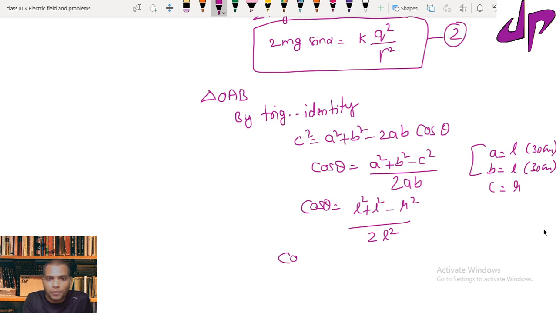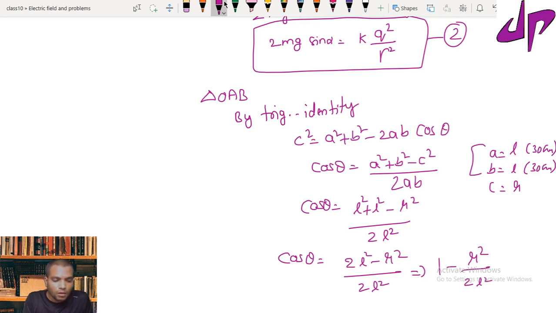If you simplify that, cos theta equal to 2L square minus r square upon 2L square, which is also equal to 1 minus r square upon 2L square. Now we can do further simplification.